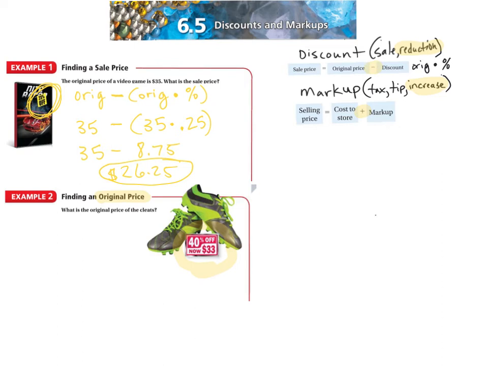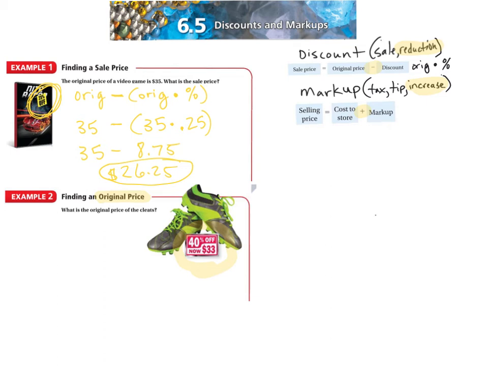And that's how that's done. If this was a markup, I would do the exact same thing, only I would add $8.75. So if it said the store paid $35 for the video game and adds 25% for markup, then you would just add the $8.75, and instead of it going down from $35, it would go up from $35.